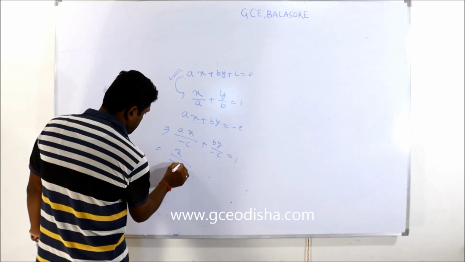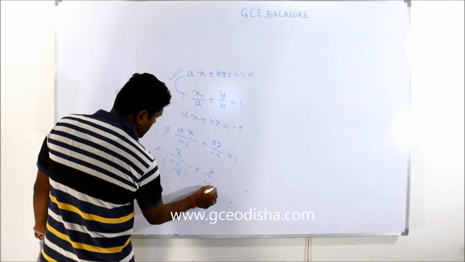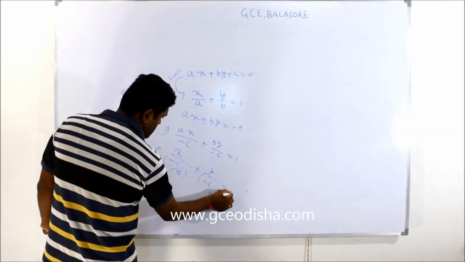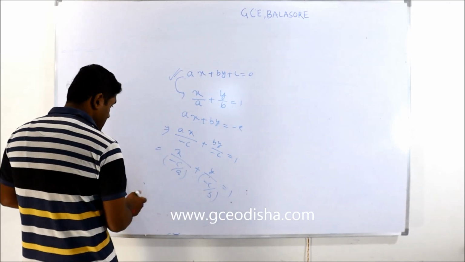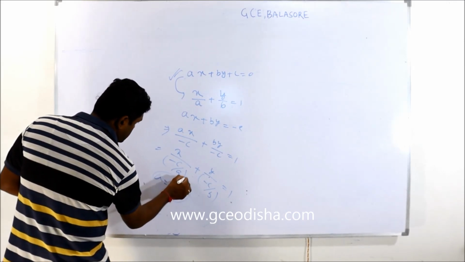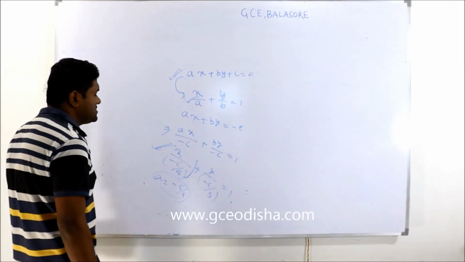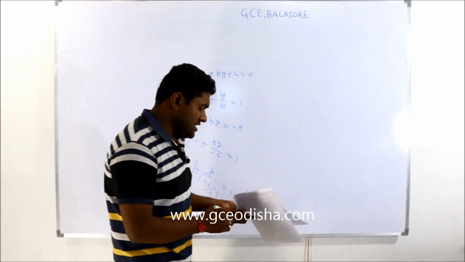Then x divided by minus c by a plus y divided by minus c by b is equal to 1. Equating this equation and that equation, you can find the intercepts like this. Easily you can find that.